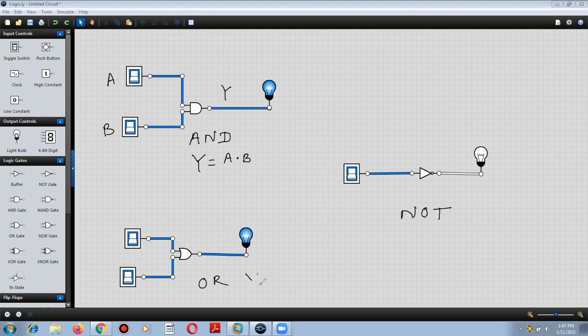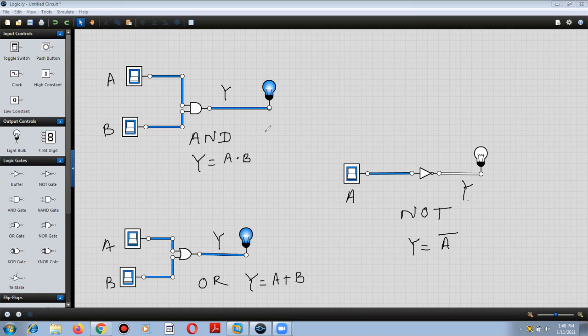Equation of OR is y is equal to A plus B, A input, B input, y is the output. Equation of NOT is y is equal to A complement. So A is the input, y is the output.